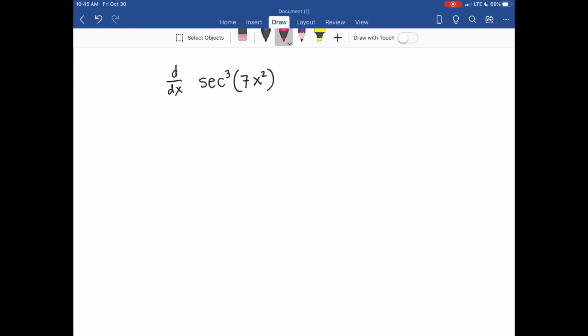So if I were to first start with this problem, I would rewrite it like so, so it's clear what that outside function is and what the nested function is. And you might realize this is a nested function within a nested function. Let's keep going.